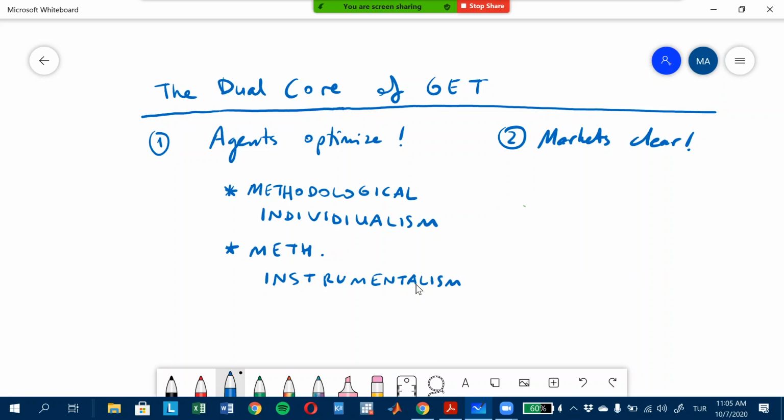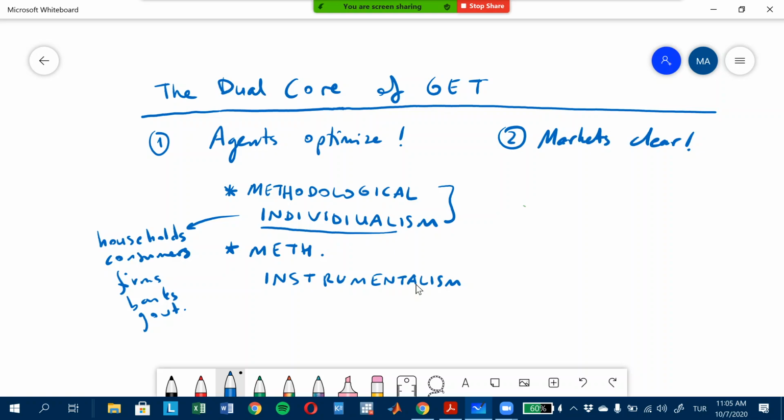So according to methodological individualism, we go to the level of the individual, which means we have households, consumers, firms, banks, governments.